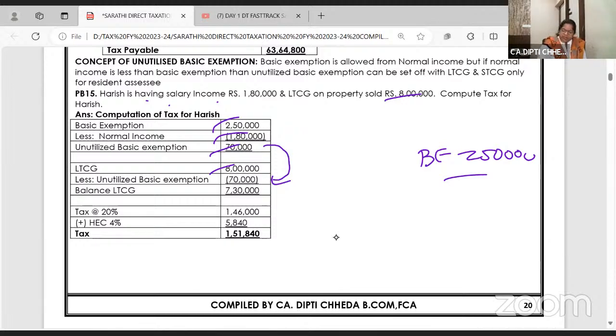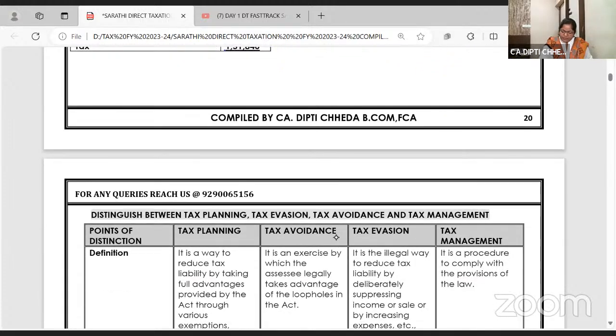Yes. Can I set off unutilized basic exemption in casual income? Answer is no. So my salary income is just 180 up to 250, income is exempt. So 70,000 is the remaining basic exemption which I have set off in long term, and on the balance long term, 20% tax is calculated. Is this clear to all of you?